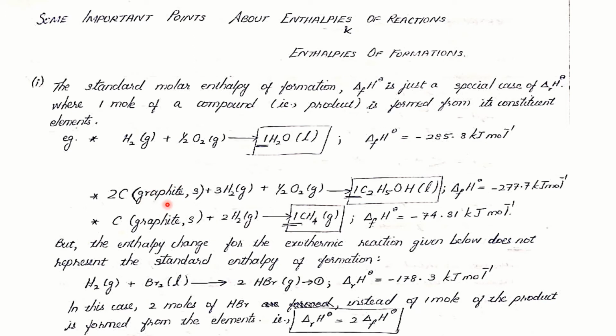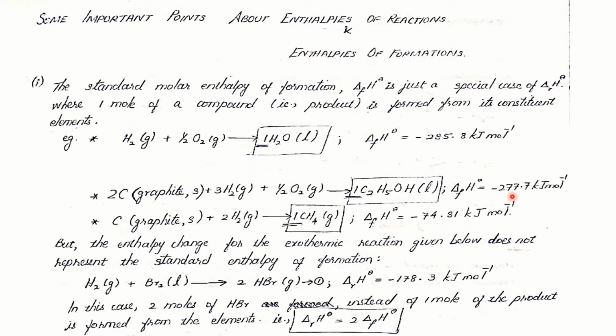Clear? Hydrogen and oxygen gas exist as dihydrogen and dioxygen in nature. They are in their reference states. Clear? Therefore, the standard enthalpy of formation of 1 mole of ethanol from its constituent elements which are in their reference states is minus 277.7 kilojoules per mole. From this value, we understand that the formation of 1 mole of ethanol involves the release of 277.7 kilojoules of heat energy.